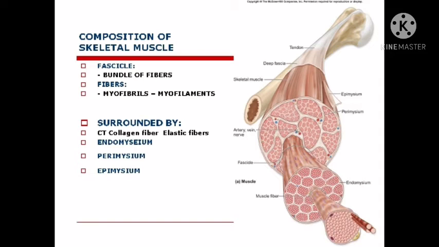The epimysium covers the muscle mass, the perimysium covers the fascicle, and the endomysium covers the muscle fiber. Then the muscle fibers contain, as you see here, the various myofibrils.